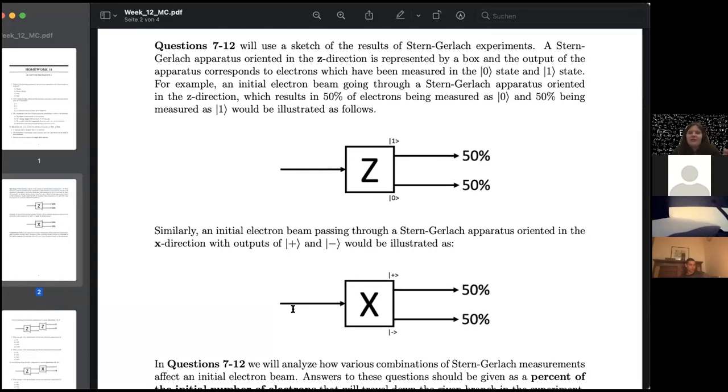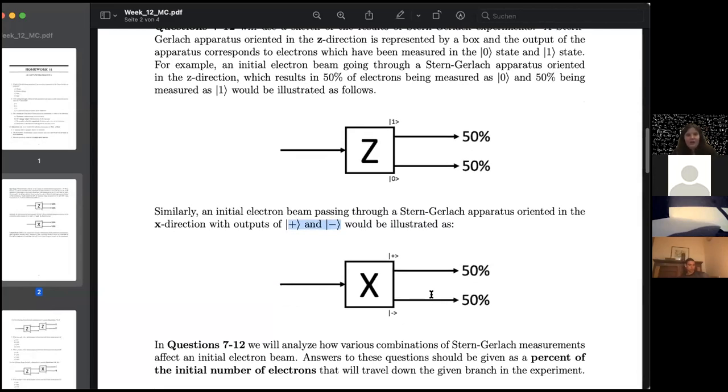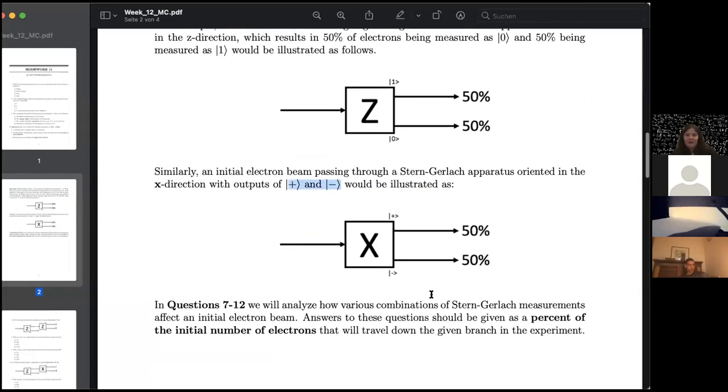This corresponds to different bases. The other one is the x direction, where the base states are plus and minus, and they illustrate it like this. Now the question is, how do different combinations of these measurements affect an initial electron beam?